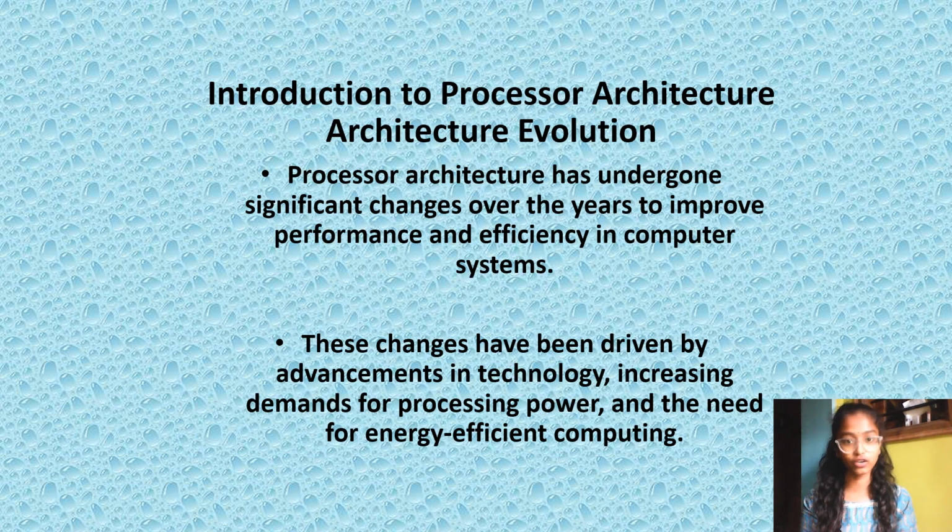Next, let us see the introduction to the processor architecture evolution. Processor architecture has undergone significant changes over the years to improve performance and efficiency in a computer system. These changes have been driven by advancement in technology, increasing demands for processing power and the need for energy efficient computing.